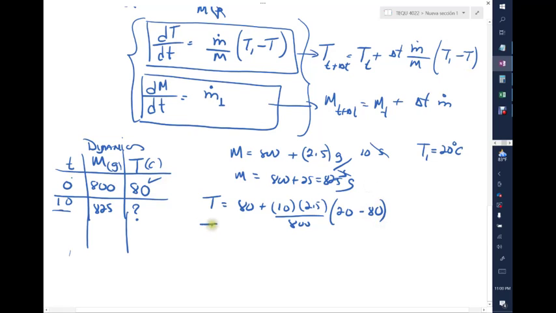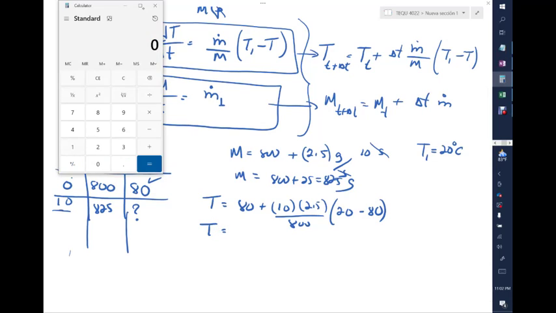So the new temperature will be, let's get a calculator here somewhere, 10 times 2.5 divided by 800, multiplied by the difference of 20 minus 80, that's going to be minus 60.